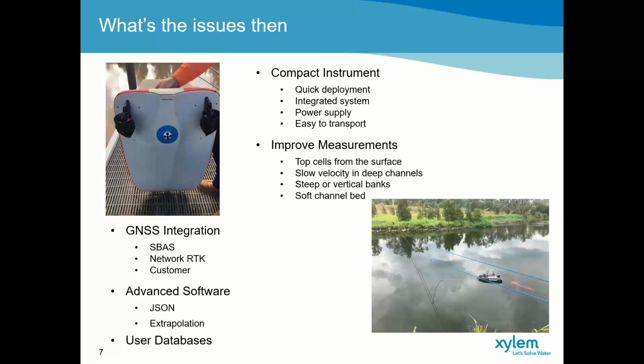Customers don't want to incorporate third-party solutions to get additional measurements such as depth measurements or GNSS reference tracks. A simple power supply, not providing multiple AA batteries or larger batteries to provide power, and then obviously easy to transport.